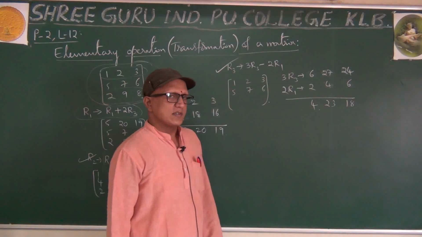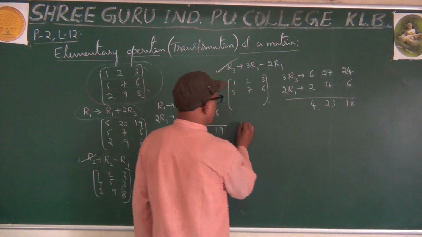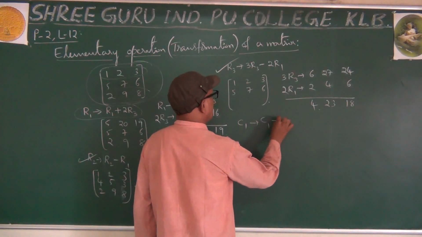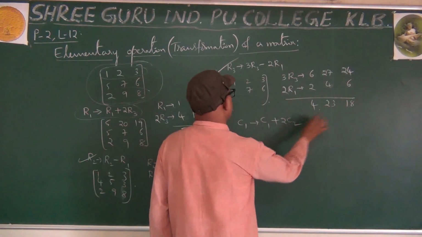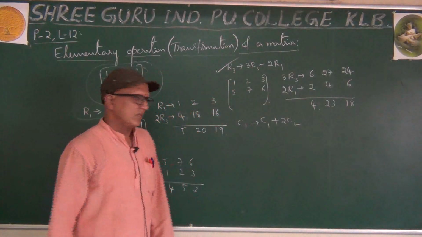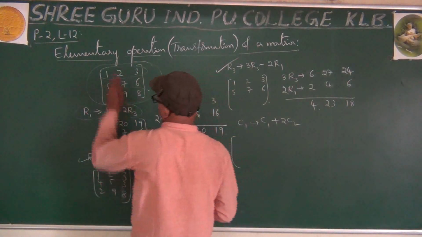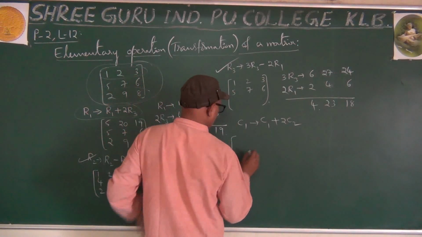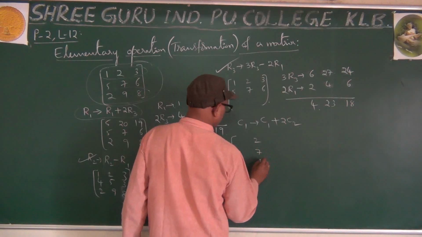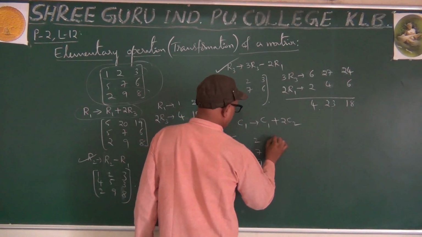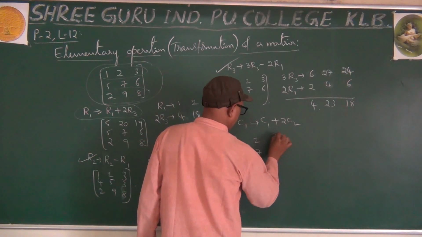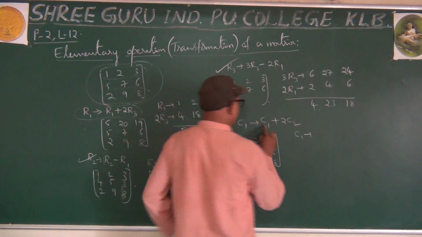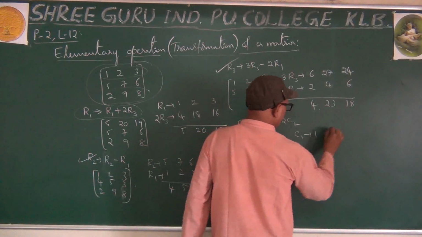Okay, last example with respect to columns. I want to change the same things. I want to change the first column. How do you want to change the first column? First column plus 2 into C2. We are changing the first column.